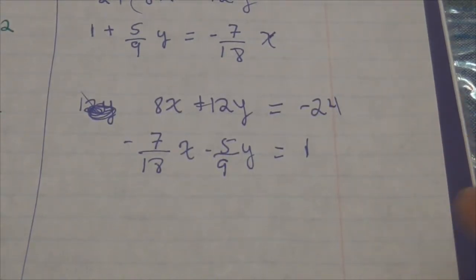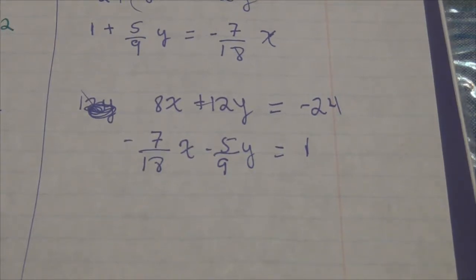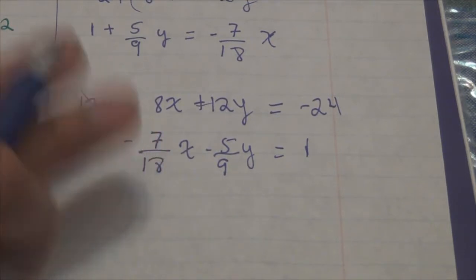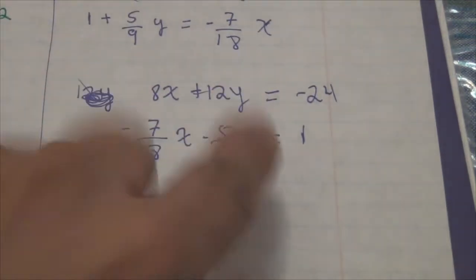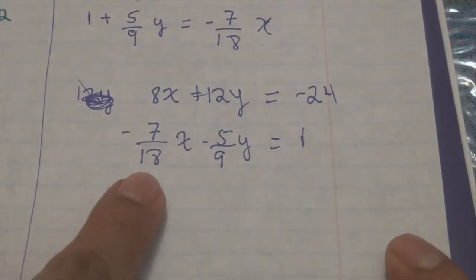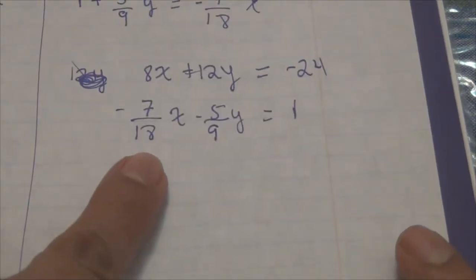How am I gonna do this? Well, choose what you want to eliminate. There are two ways in which I can do this, I think. I'm gonna show you what I'm gonna do. I'm gonna get rid of all these denominators. So bear with me.